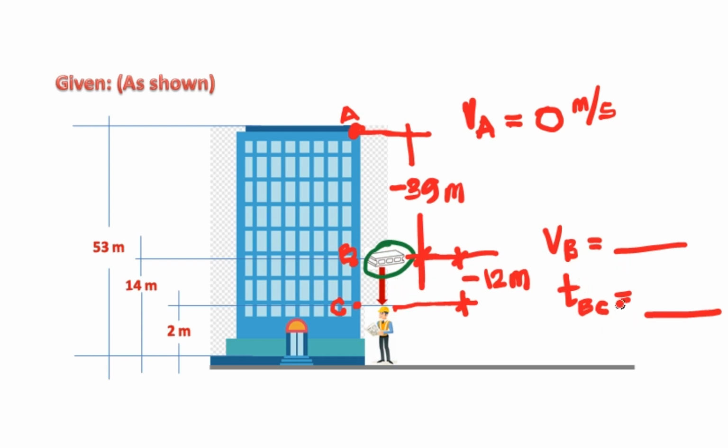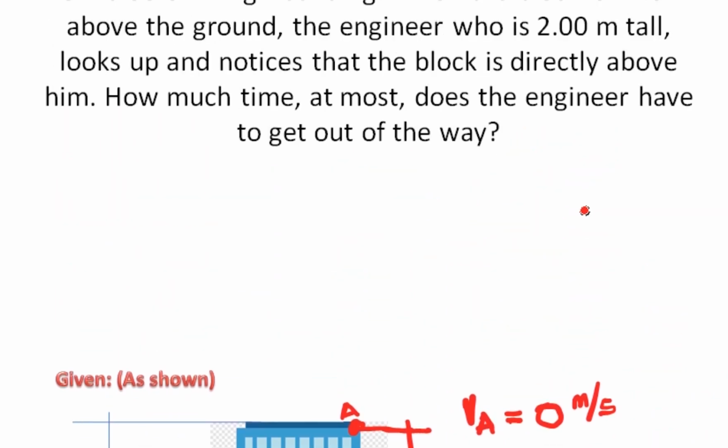So this is the time that we are looking for. The engineer must get out of the way during this time. So this is what is asked, this is what is required in our problem.